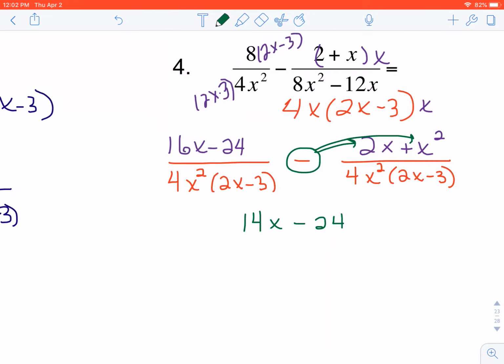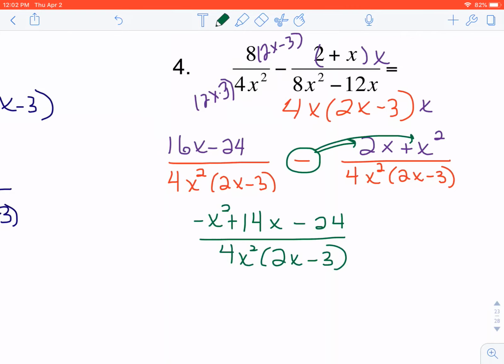And then that minus goes with the x squared as well. And I'm going to place that in the front so that this is in the form of ax squared plus bx plus c. So we have negative x squared plus 14x minus 24. The denominator is 4x squared and then 2x minus 3.